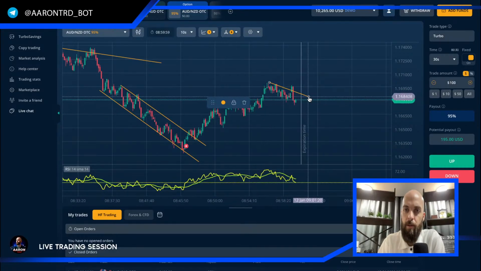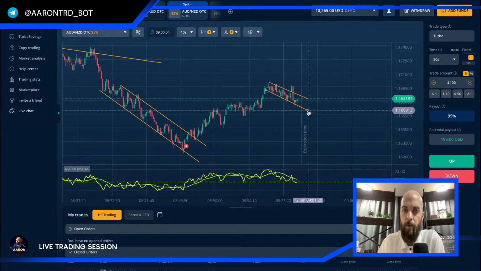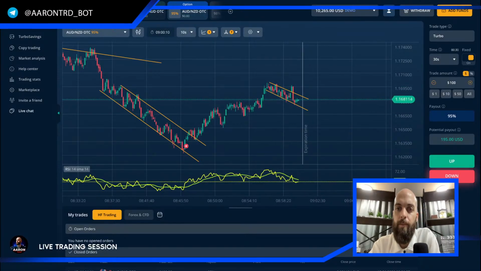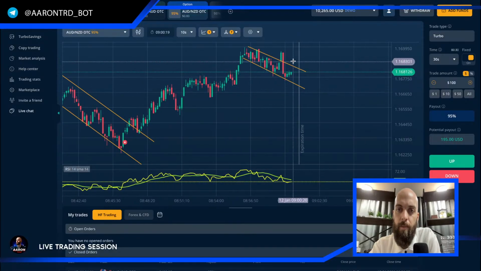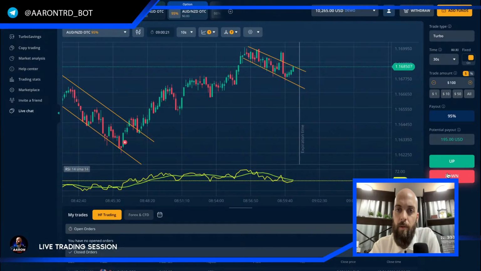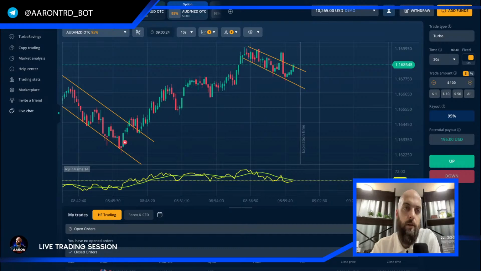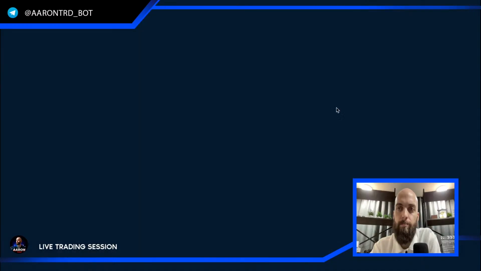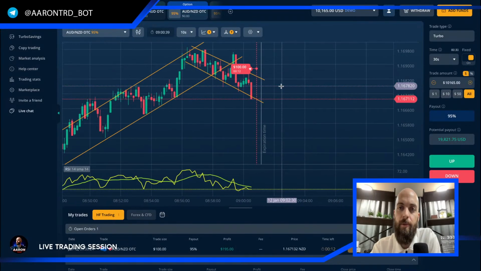So if we can stay within this zone or break from this zone, we'll know what to do. If we can get a little touch up here. Okay, there's the touch. Okay, there we go. That was a good one.